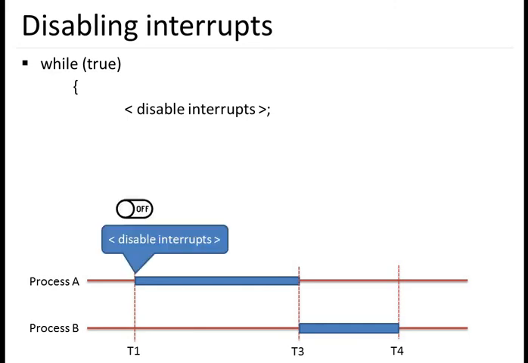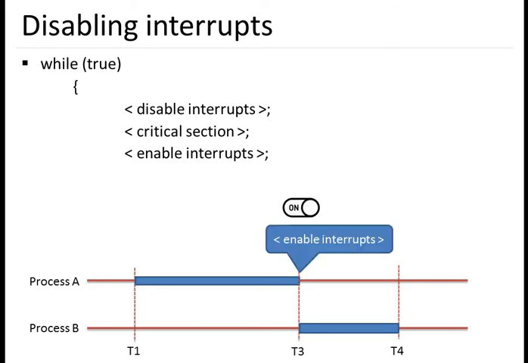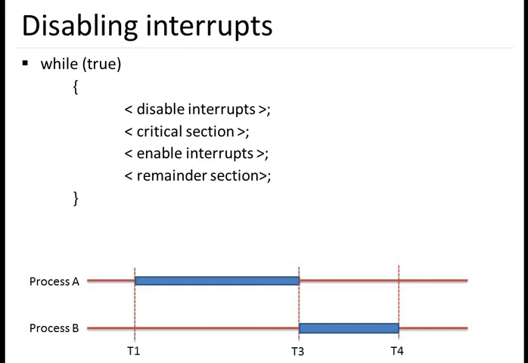You can see whenever process A enters the critical section at time T1, the disable interrupt instruction is executed and interrupts are turned off. After that, it enters the critical section, and once it completes its task there, that means the resource process A wants to access is now done, then again you have to turn on the interrupt, that means enable interrupts. Okay, and after that comes your remainder section, that means the non-shareable portion of the process.